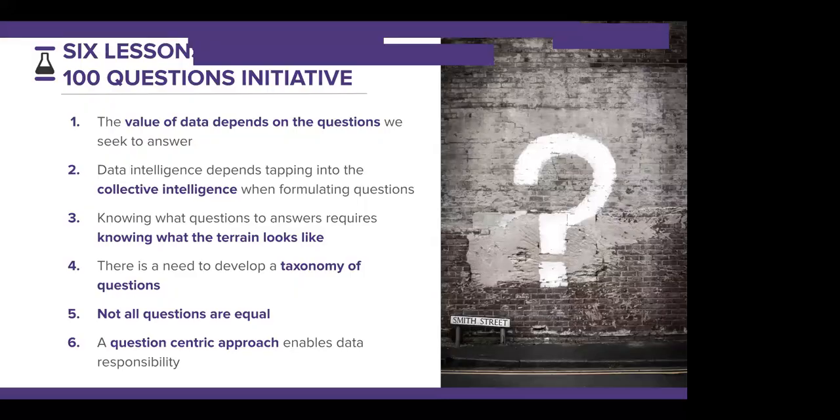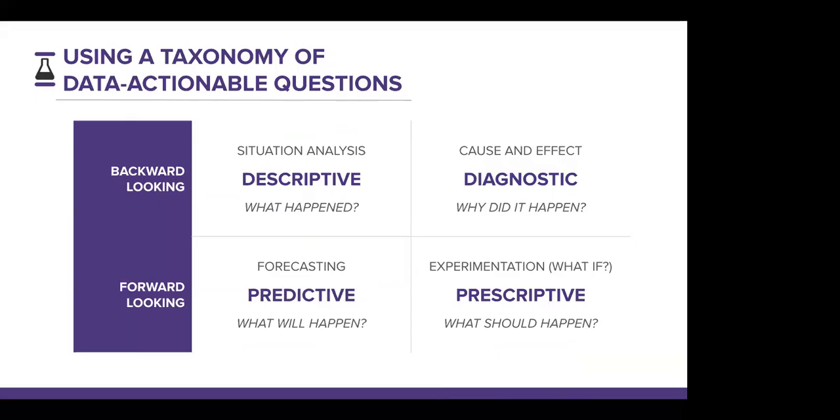Now, what I really want to focus on today, which is also part of the 100 questions, is to really start focusing on, when we talk about questions for data, what type of questions are we actually talking about? Because what we've learned from the 100 questions is that if we ask bilinguals or we are formulating questions, there's quite often confusion about what data can answer, or what are the different types of questions that can be formulated.